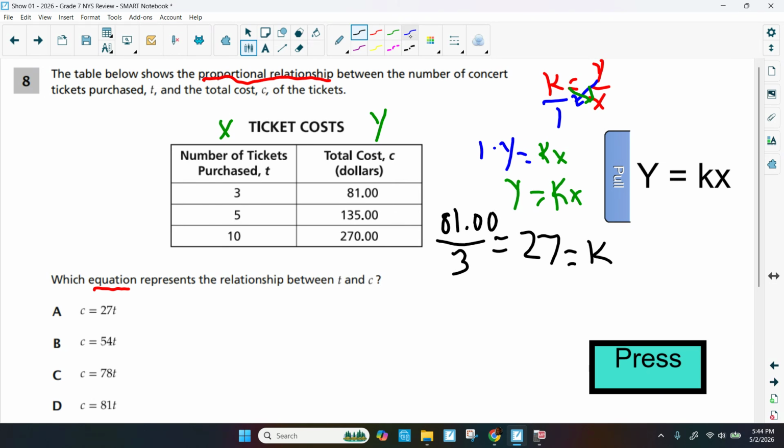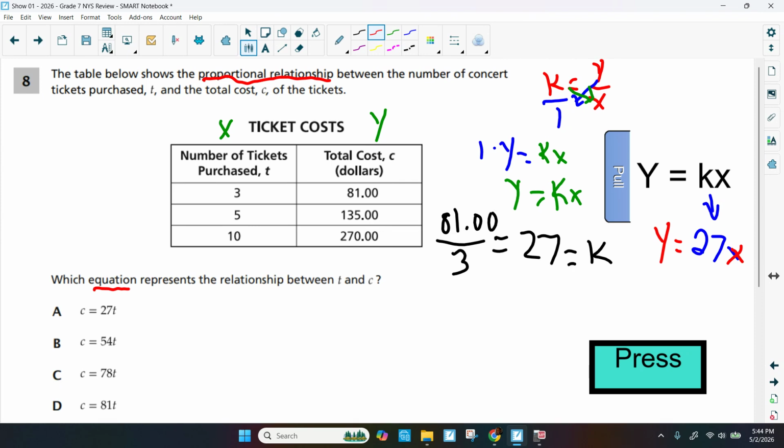So when I go back to my formula, $27 times X, the number of tickets that you'll buy, or T tickets. And Y is equal to $27 times the number of tickets.